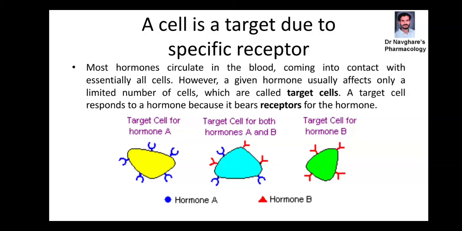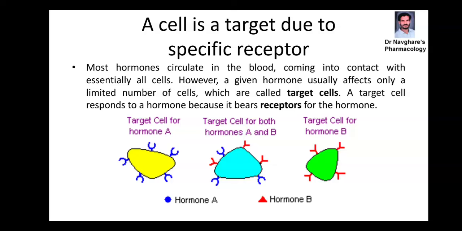A target cell responds to a hormone because it bears a receptor for the hormone. So the following figure demonstrates the presence of target receptors and action of hormone.